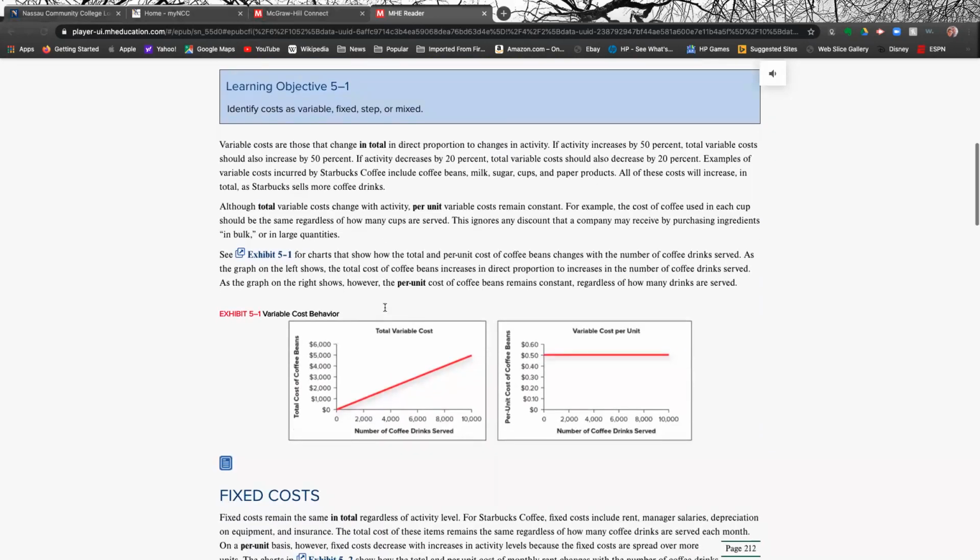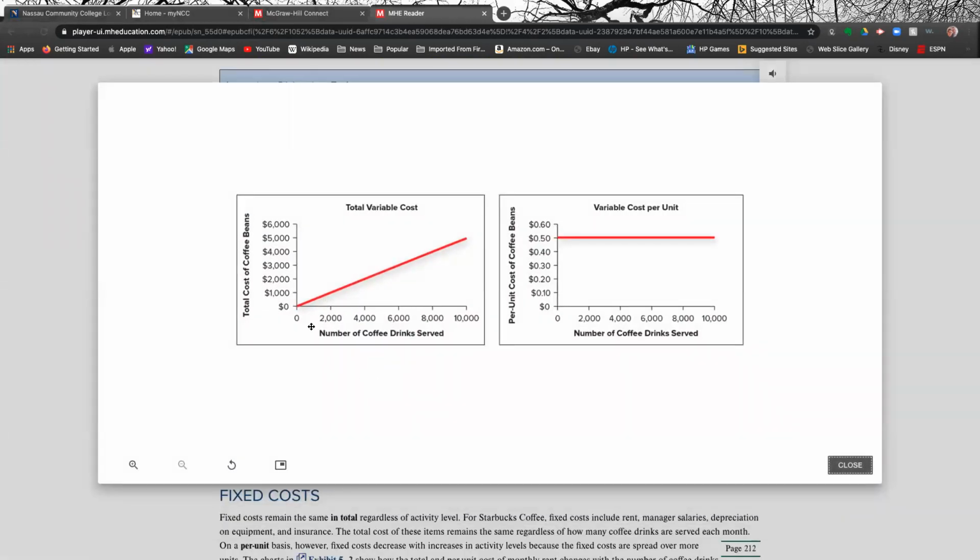What are variable costs? Variable costs are costs that increase or decrease with the level of production. In other words, if you look at this chart, this graph, the more cups of coffee you serve, the greater your variable costs, right?